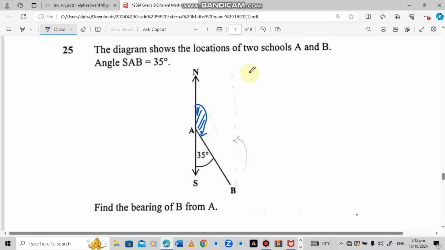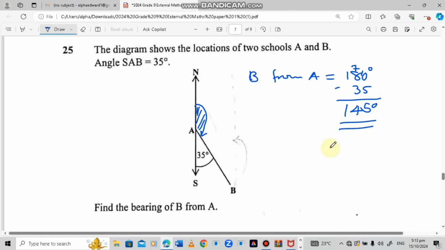So the bearing of B from A is going to be equal to 180 degrees minus 35. We borrow here, then here will remain with 7. 10 minus 5 is 5, 7 minus 3 is 4. So we have 145 degrees.